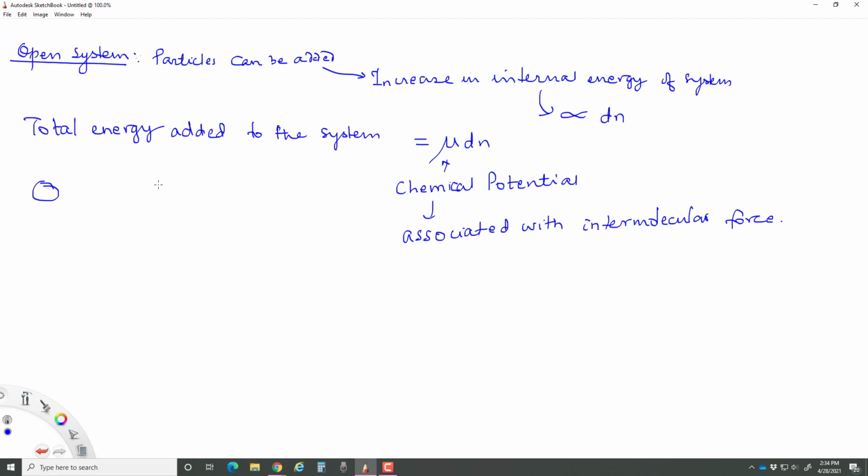When the particle comes close to the particles in the system, the potential of these particles attracts the outside particle, and as a result the particle in the vicinity gains kinetic energy at the cost of the potential energy.